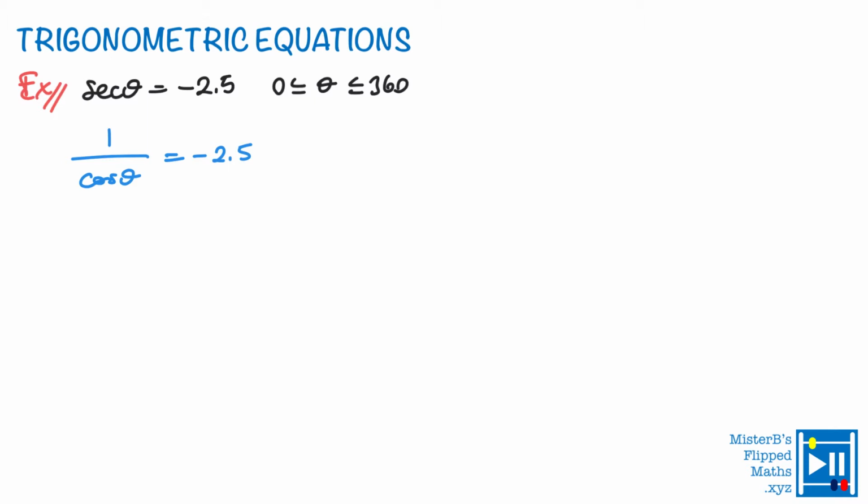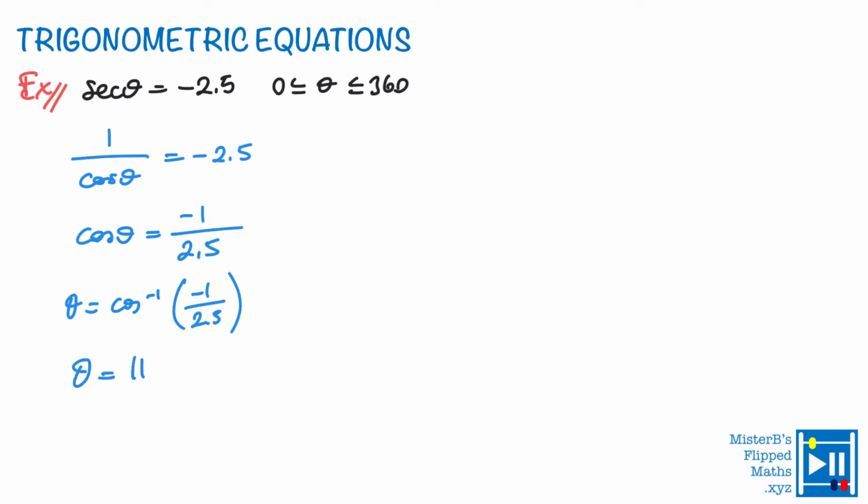So if you flip the expressions on both sides, you're going to get cosine theta is minus 1 over 2.5. And from here you can just write theta to be cosine inverse of this fraction, and what we get is 113.578, and it goes on like that.